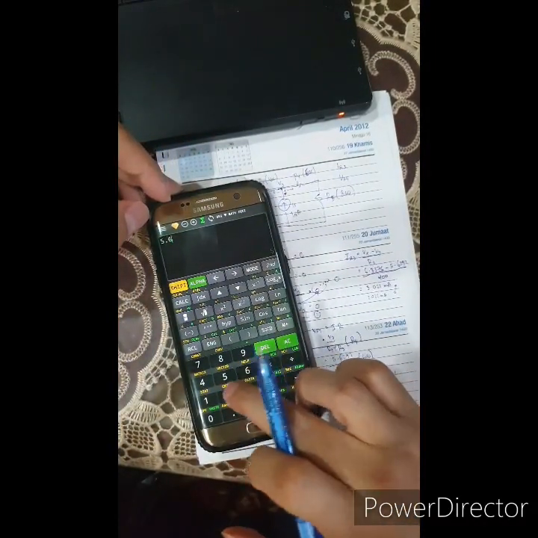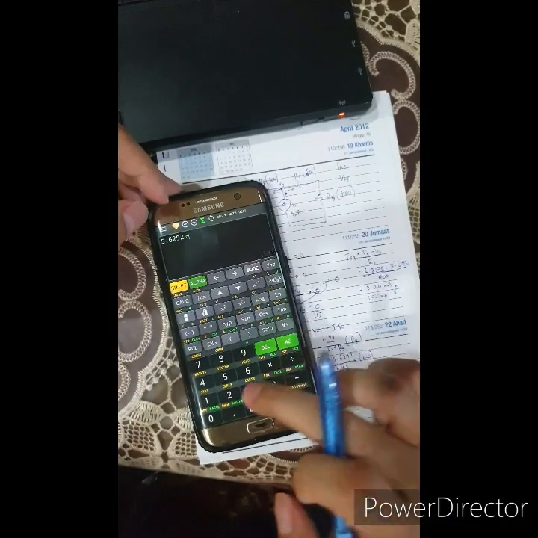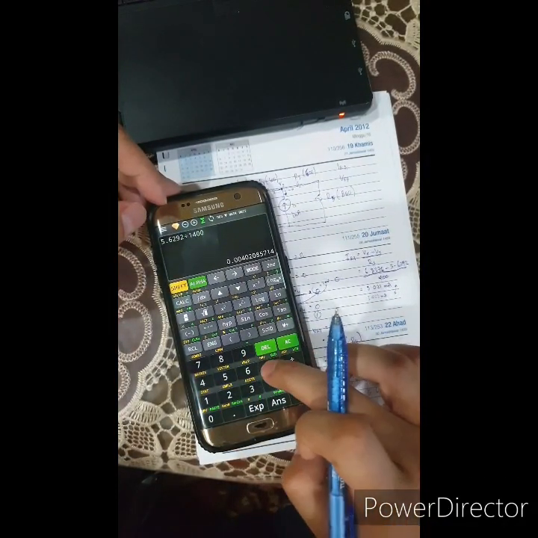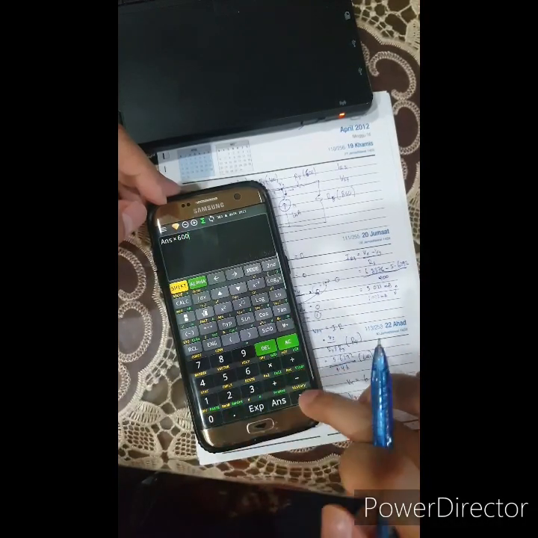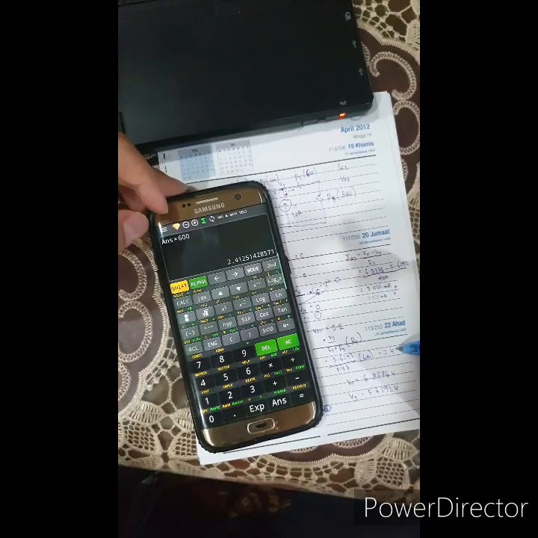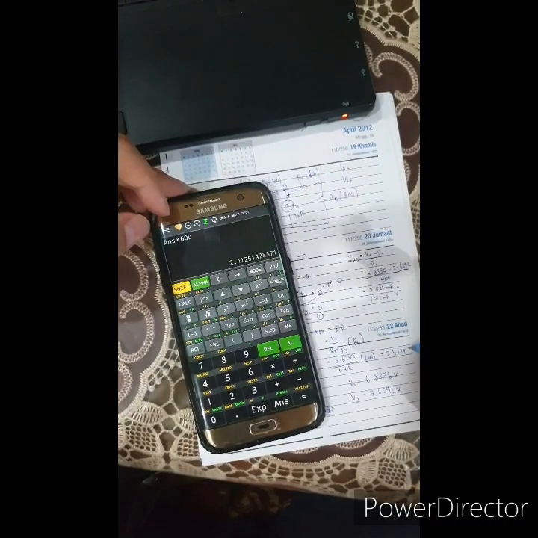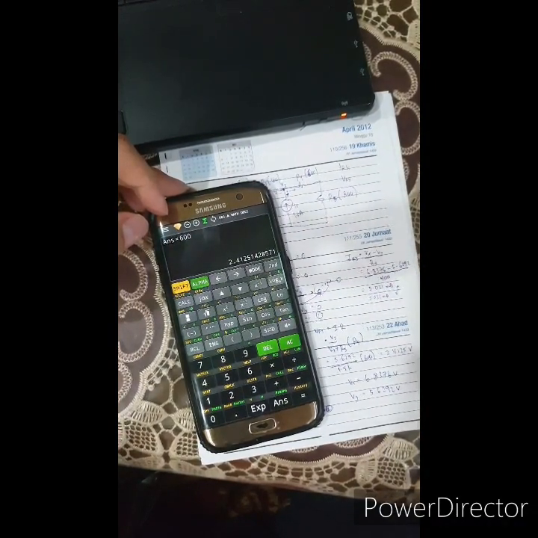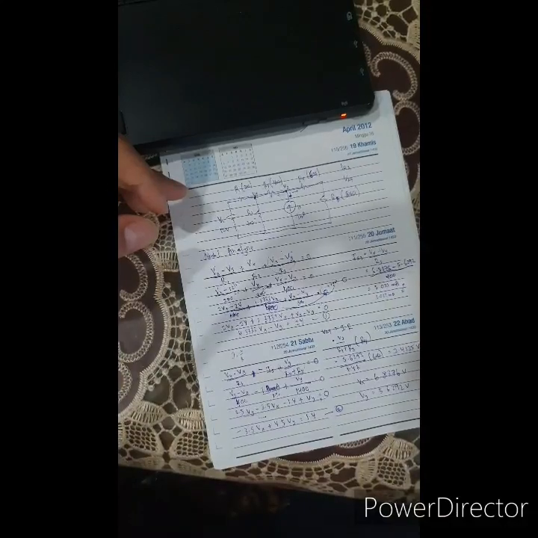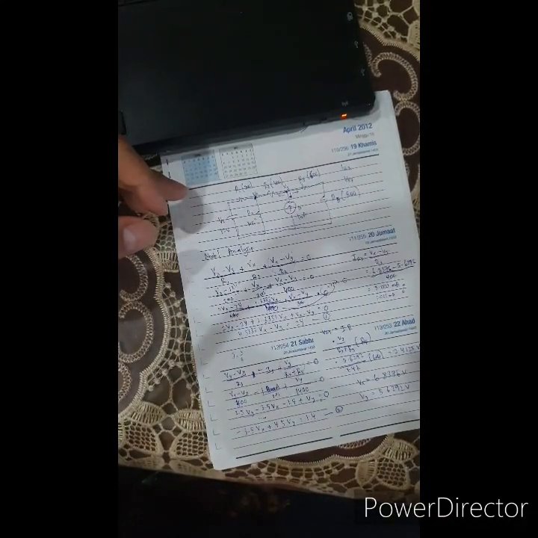So 5.6292 over 1400 times with 600. So kita akan dapat jawapan 2.4125. Similar lah kan, lebih kurang yang tadi. So dah terbukti menggunakan Nodal Analysis. Okay, selepas ni kita akan tinggal untuk Mesh Analysis pula.